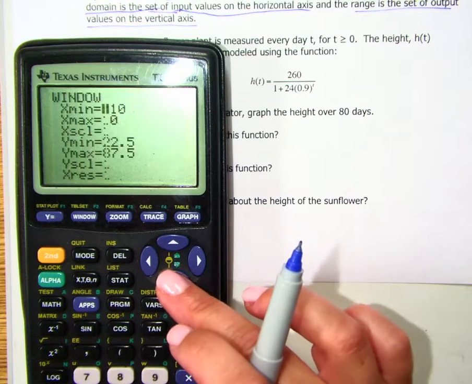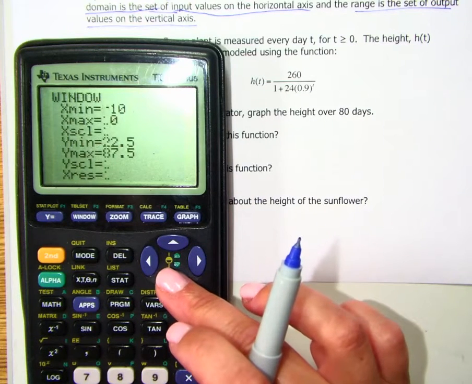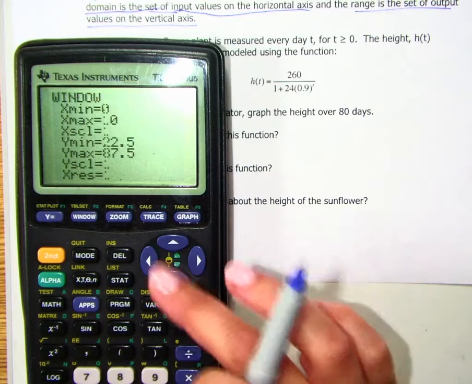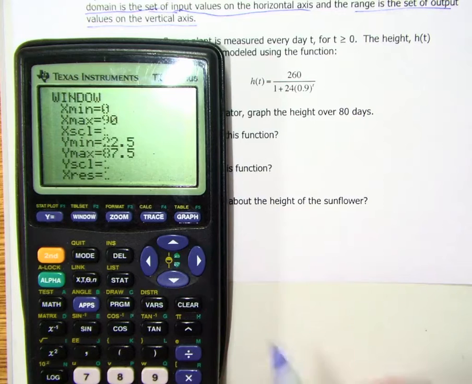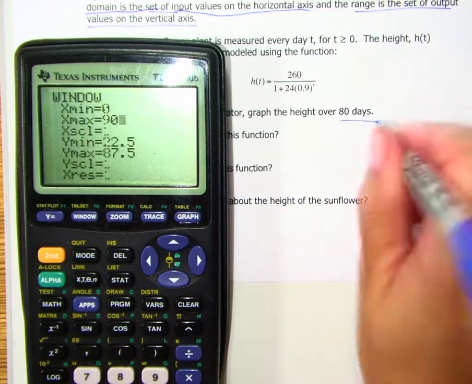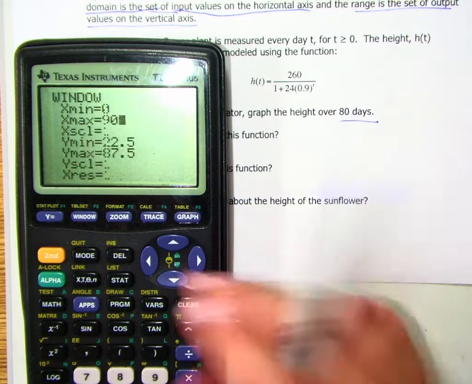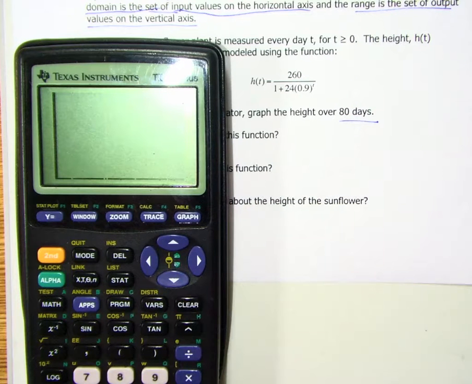So I'm going to want my horizontal axis to go from 0 to, how about 90, just so we can see our input a little bit beyond what we want, okay? And then let's go ahead and graph that, and then we can see our graph here.